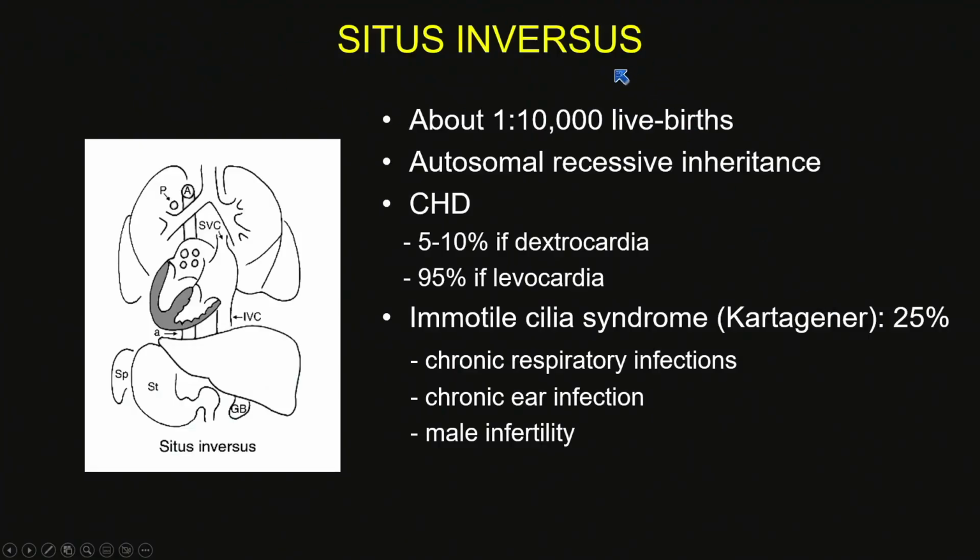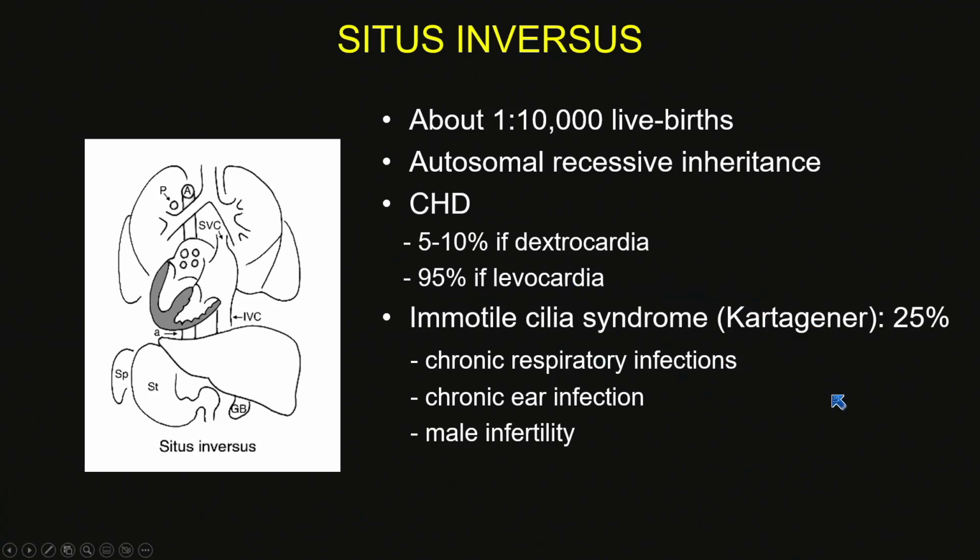So situs inversus, which this baby had, is not common, 1 in 10,000 live births. It can have an autosomal recessive inheritance. Structural heart disease risk is relatively low if it's dextrocardia, very high if it's levocardia.